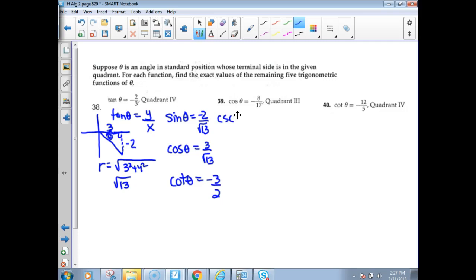Cosecant theta would be negative square root of 13 over 2. Secant theta would be square root of 13 over 3. And then I need to rationalize the sine. It's negative 2 root 13 over 13. And the cosine, 3 root 13 over 13.